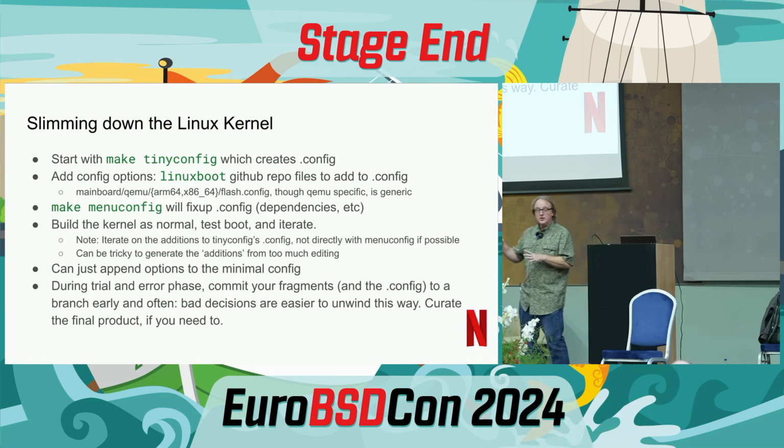There's a sister project to Linux called LinuxBoot. And they have a repository on GitHub that you can download stuff from. And in this repository, they have a bunch of sample files for people to use to augment the tinyconfig. So I have a tinyconfig and I have a QEMU image and I'm running on ARM64.